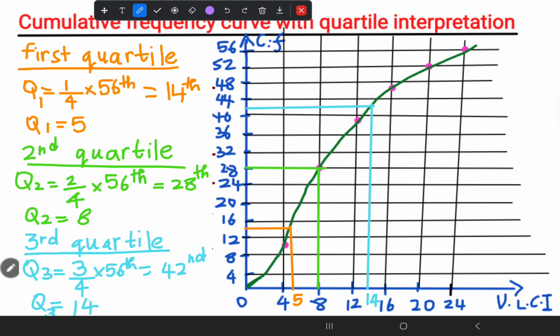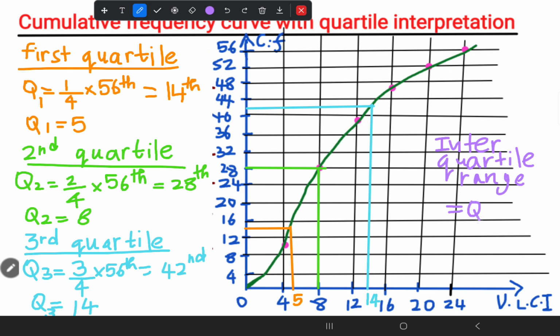One more thing left. What was that? Interquartile range. To find it, I'll write here interquartile range. That one, range means difference between the highest value and lowest value. So amongst the quartile values, the highest one is Q3.